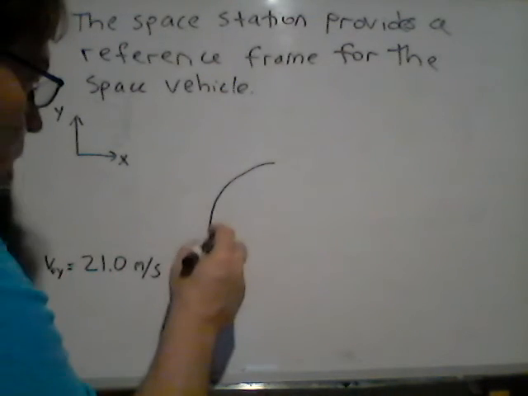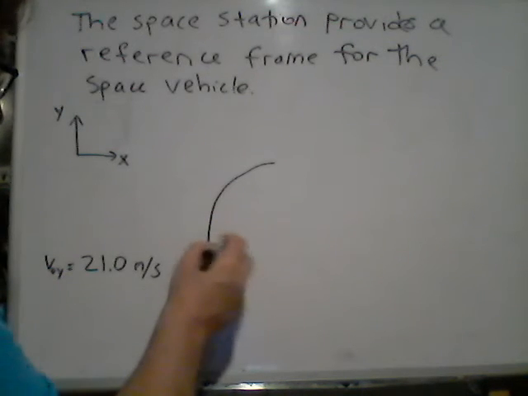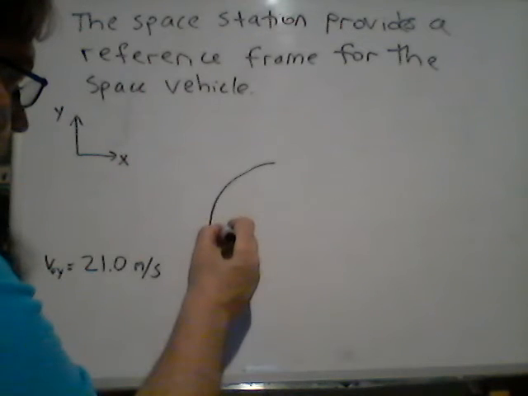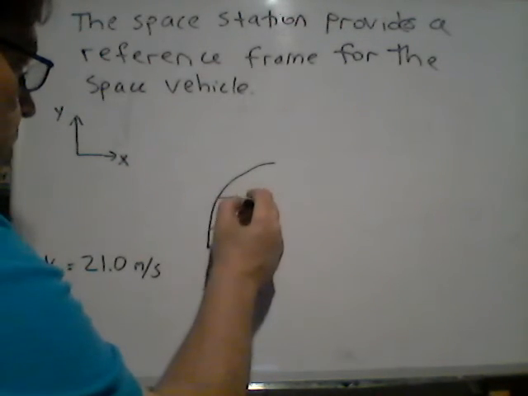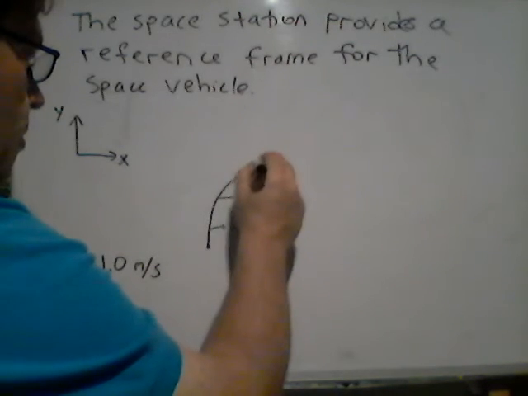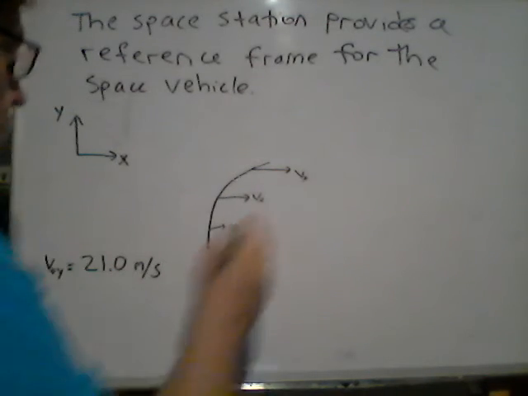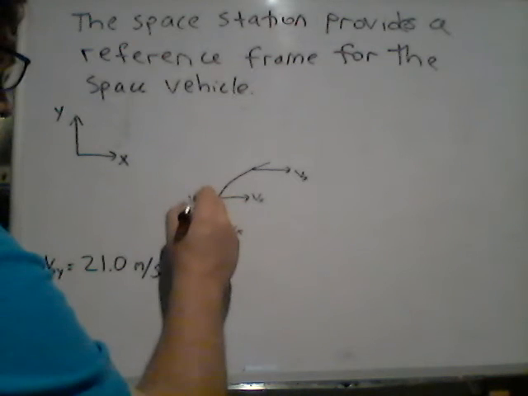Initially we don't have any x velocity component, and we're going to have an increasing v sub x. The v sub x is going to get larger, all the while v naught sub y is the same.